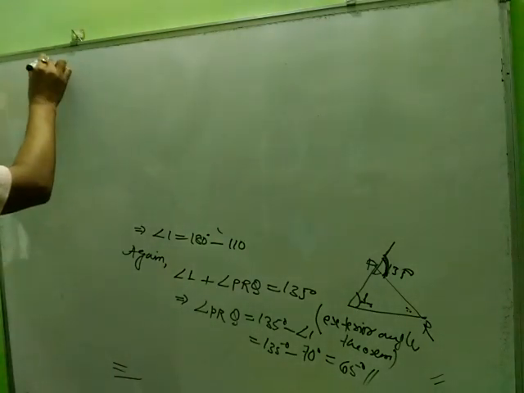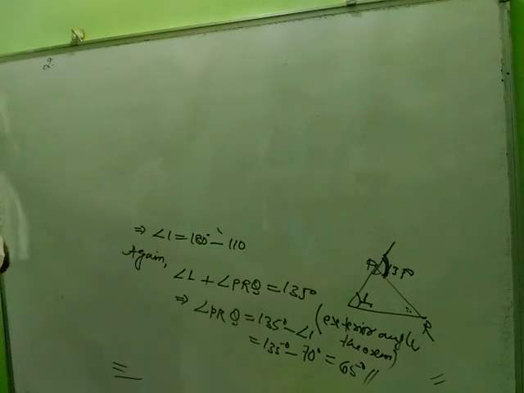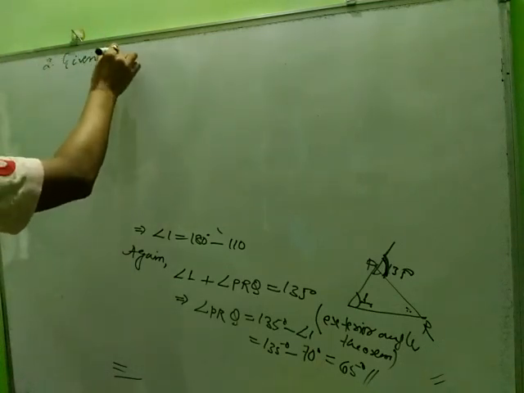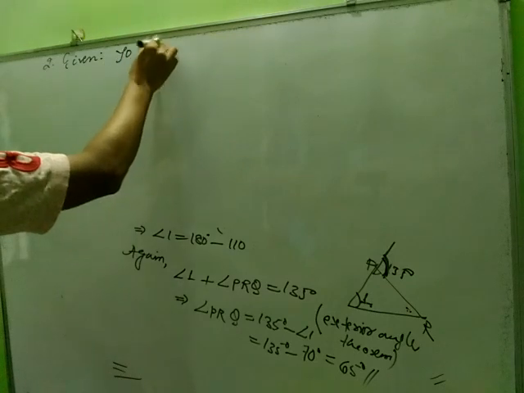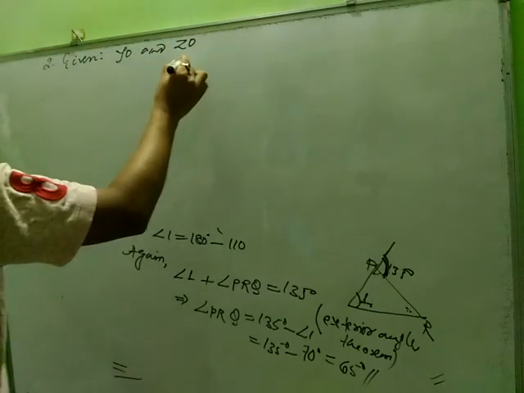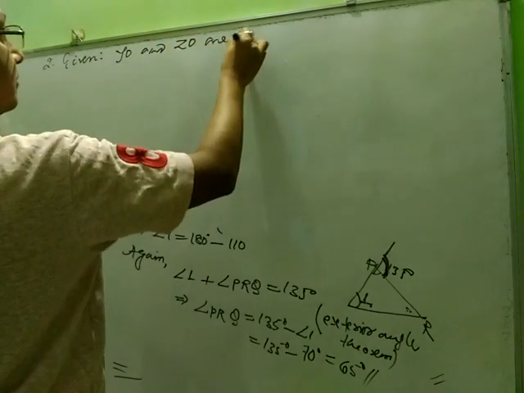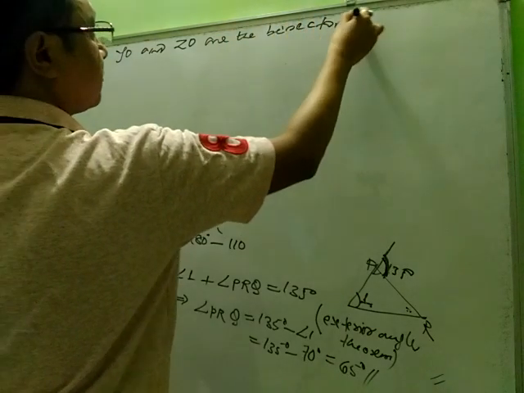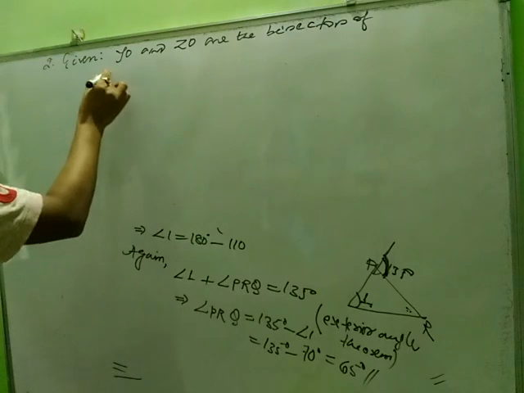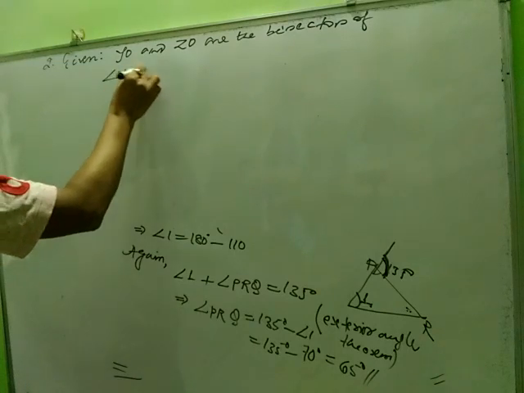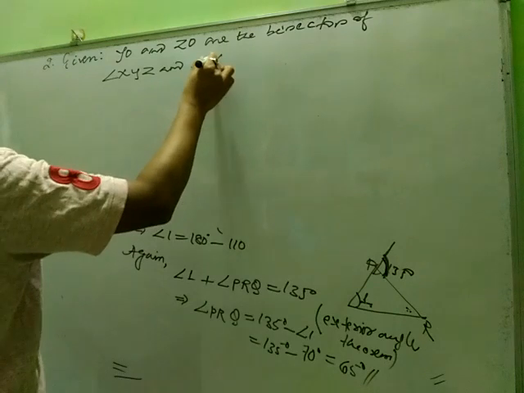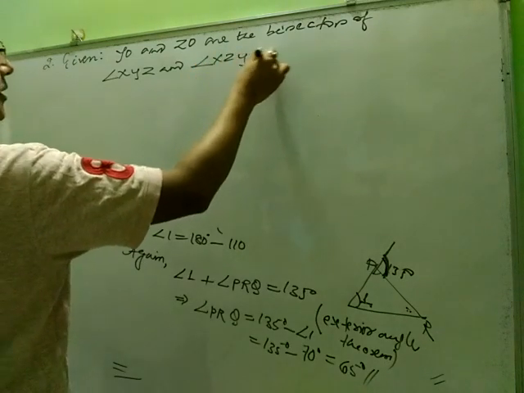Let us take question number 2. It is given that YO and ZO are the bisectors of angle XYZ and angle XZY respectively.